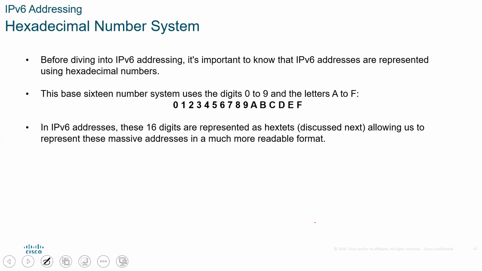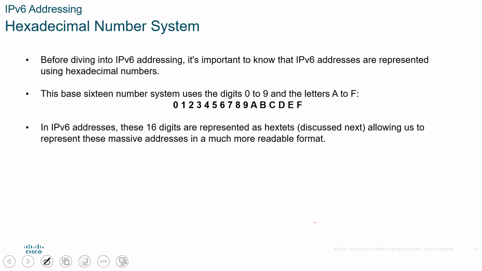But instead of 32-bit binary, it has 128-bit binary. Instead of 4 octets, it has 8 segments. All right, it has 8 segments. Now, in IP version 4, each octet has 8 bits in binary. But in IP version 6, each segment has 16 bits.